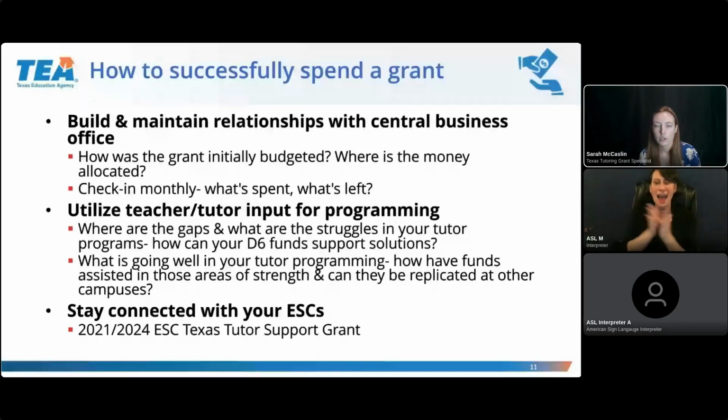Asking your teacher tutors, or tutors that you've hired from another source, what the gaps are, what their struggles are, and then being able to turn that around and ask, how can our Decision 6 funds support solutions-oriented brainstorming and problem solving is really crucial to make sure that we're successfully spending this grant and meeting those grant objectives.